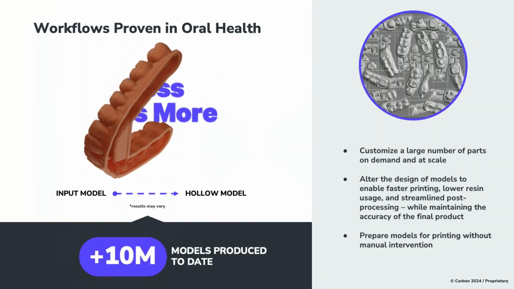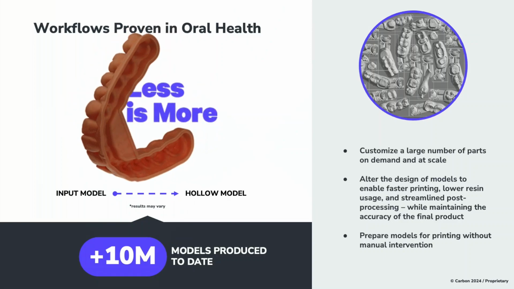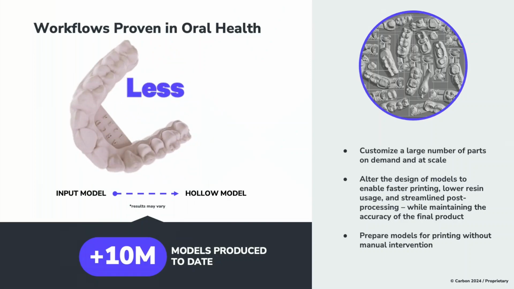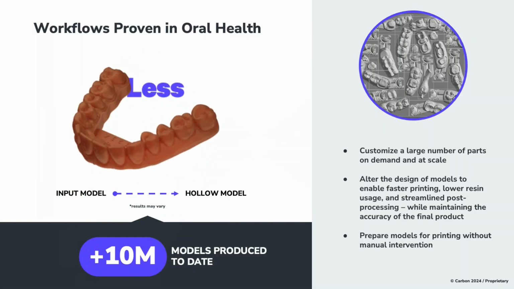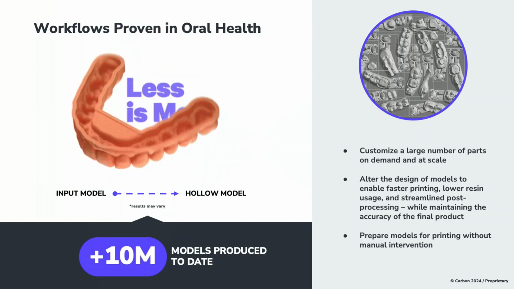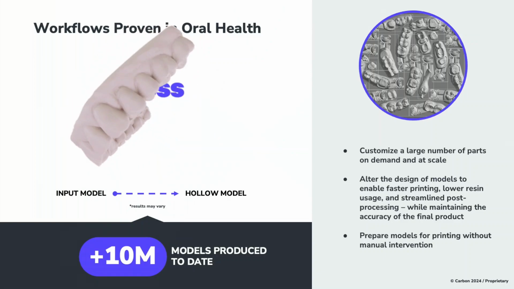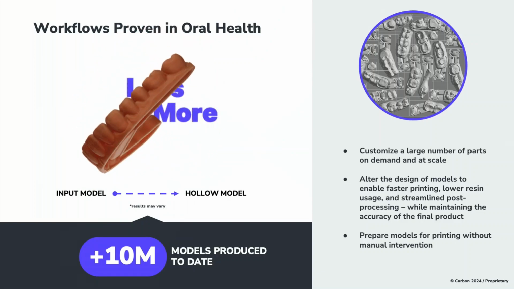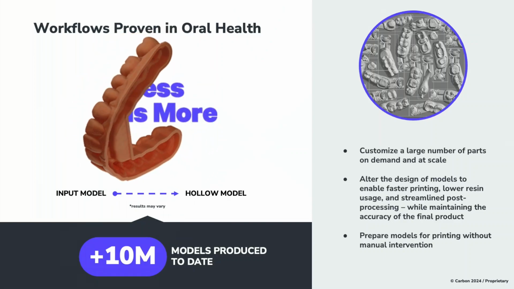So in 2024, so this year, we're now launching what we call the Hollow Model V2 platform, which is not only are we doing a lot of this print prep work for dental models, we're also doing geometry processing and modification, specifically for our Hollow Model workflow. So the Hollow Model workflow is we're essentially taking these thermoforming positive models that for the most part take up a lot of resin. They don't need to be fully solid.